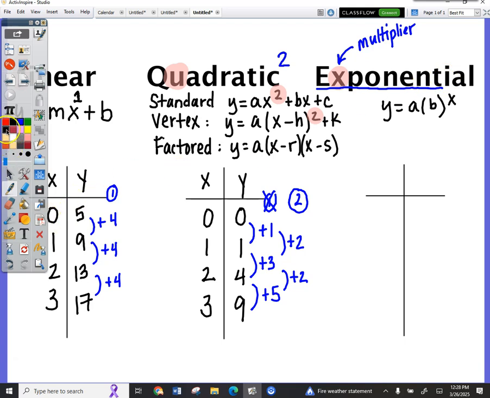Another thing to help you with the graph is the L on the end. I want you to think of capital L, because what's the shape of an exponential look like? It's an L curve. Now it could be opening down, but that's still a general L curve.